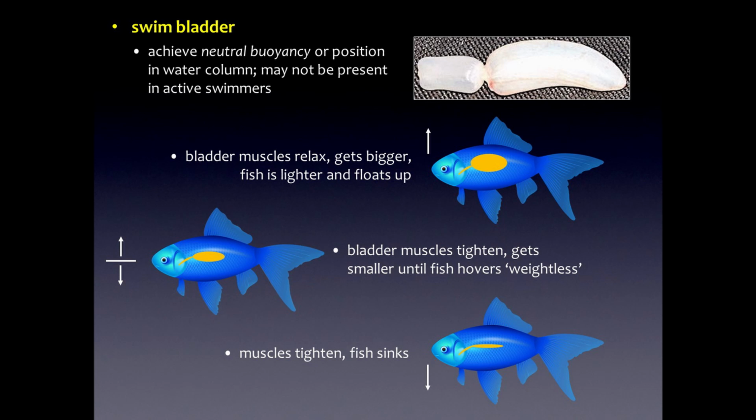It feels a little bit heavier, it's increasing its overall density, and it's going to sink a little bit within the water. And finally, fish can achieve neutral buoyancy, where they appear to either hover or float weightless in the water. And what happens there is the bladder muscles are going to start to tighten until it reaches a point where that fish maintains that neutral buoyancy.